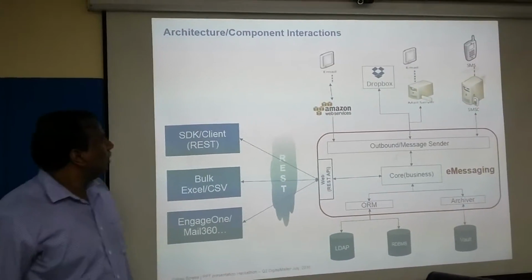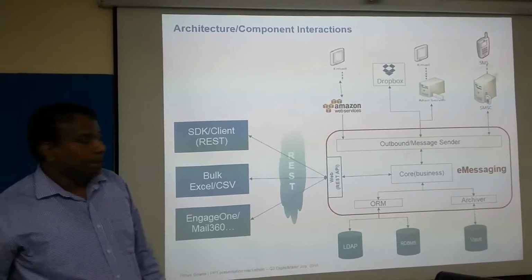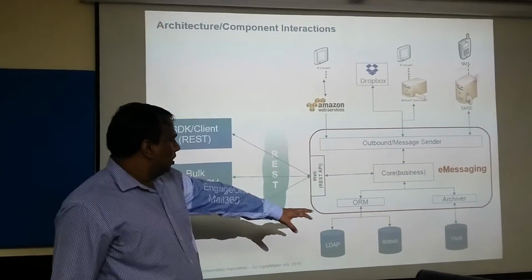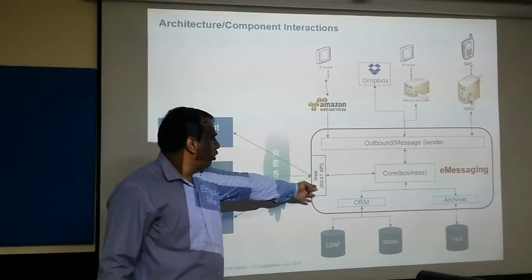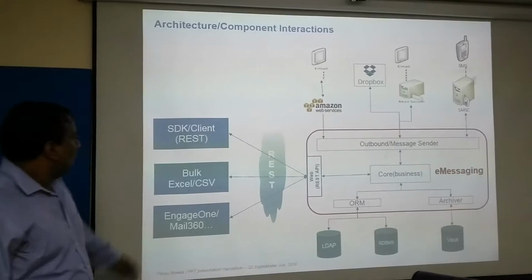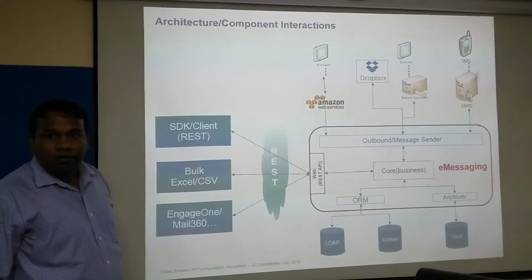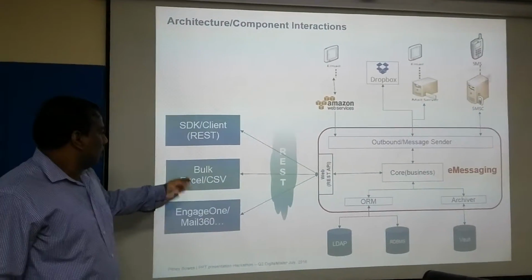Moving ahead, this is the architecture and component interactions. e-messaging will accept the call on the REST, that is the web module, the REST API module, either through an SDK client or any other REST client, like Google REST client.